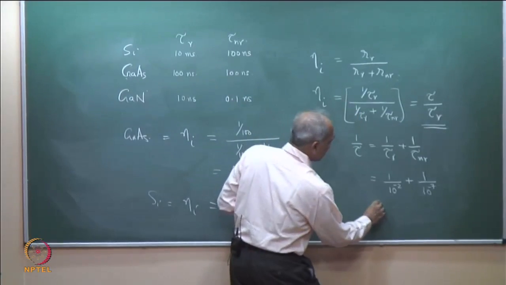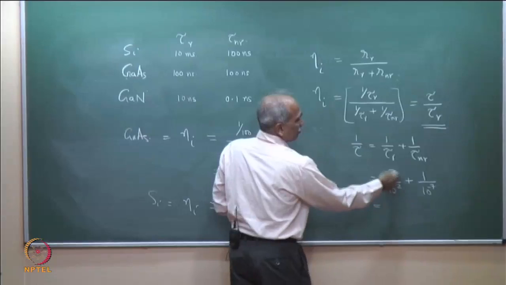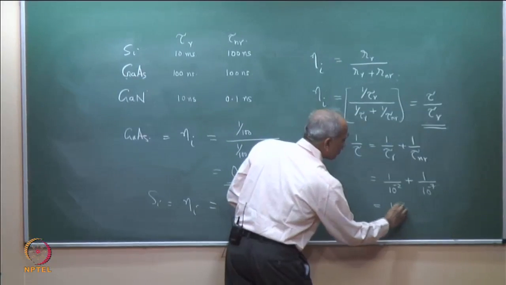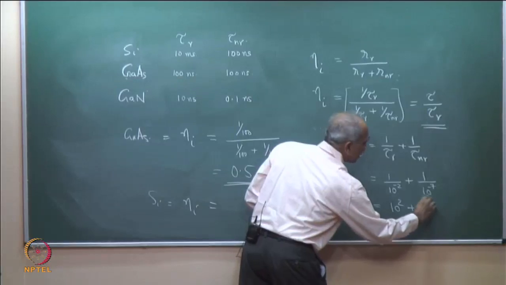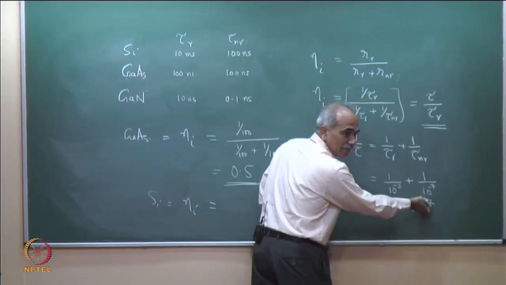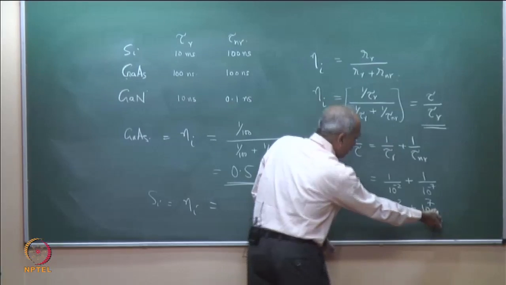This is a very large number, because 1 over 10 power minus 2 is 10 power 2, plus 10 power 7, which is approximately 10 power 7, because 10 power 2 is negligibly small.